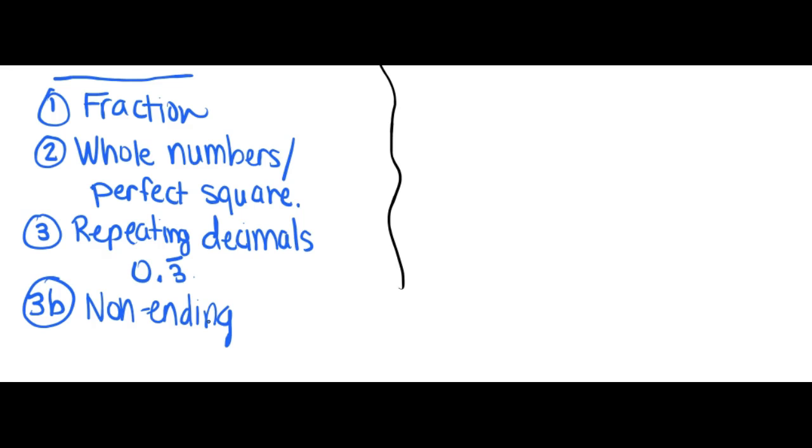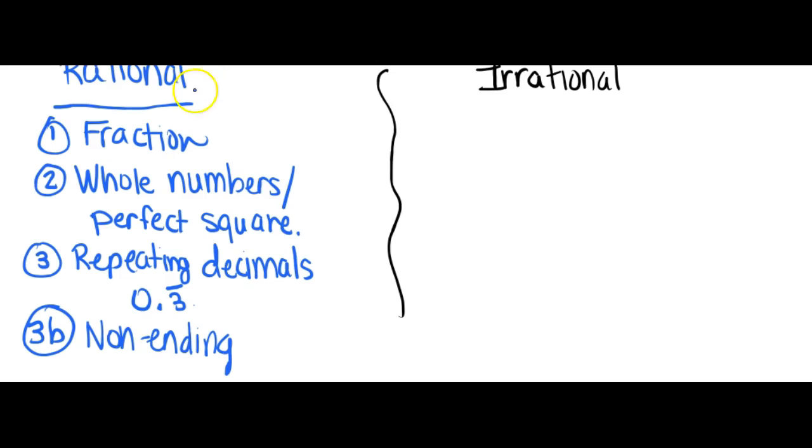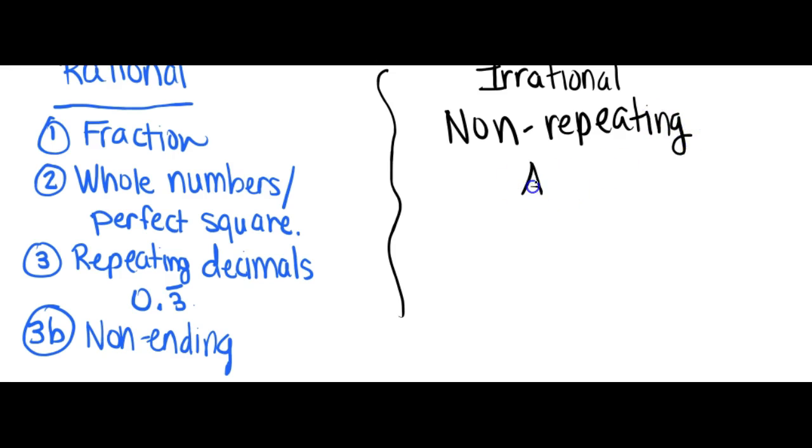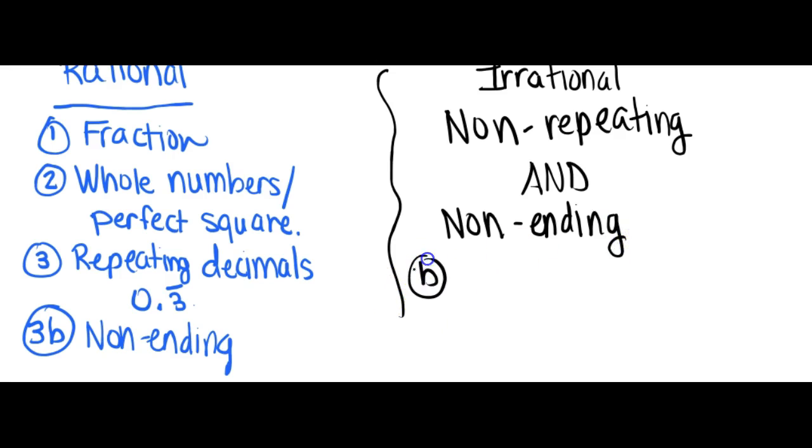Now, irrational numbers, there's one really big thing that you should know about them. They are non-repeating, so they do not repeat. And this is a big one, non-ending. They kind of have to be both. And then, a little side note, non-perfect squares.